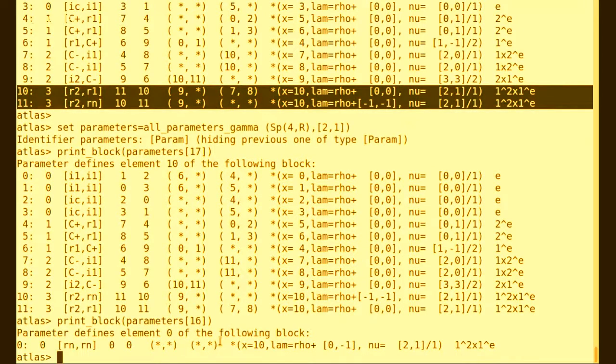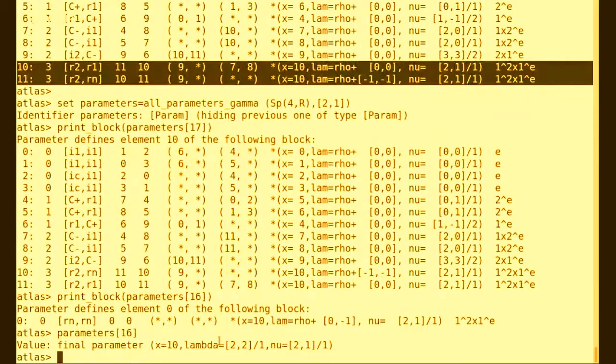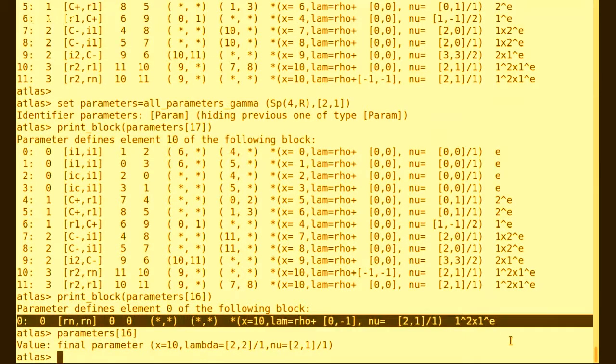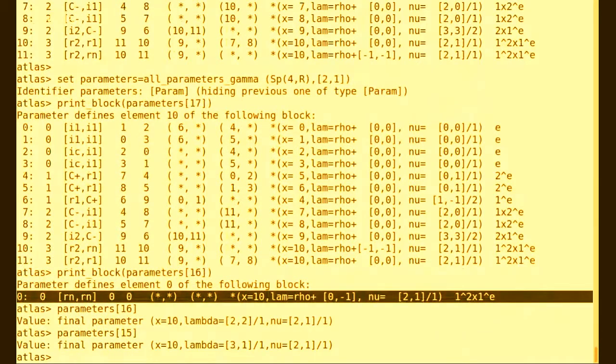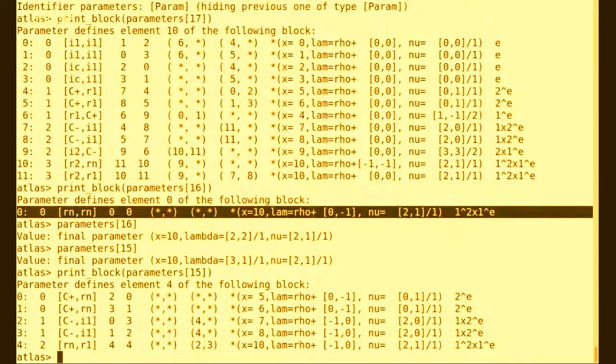If you look at parameters number 16, this is a principal series, and this is in a block by itself. That's because this is an irreducible principal series. And if we look at number 15, I think that's also irreducible. And number, oops, I'm sorry, I misspoke there. Block of 15 is a smaller block.